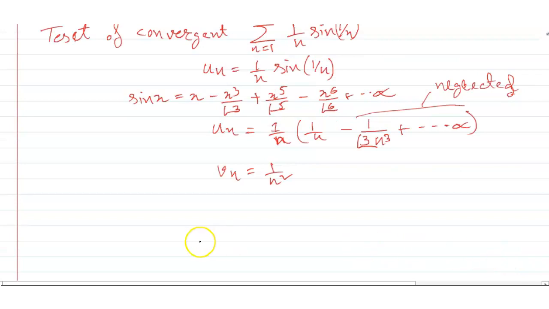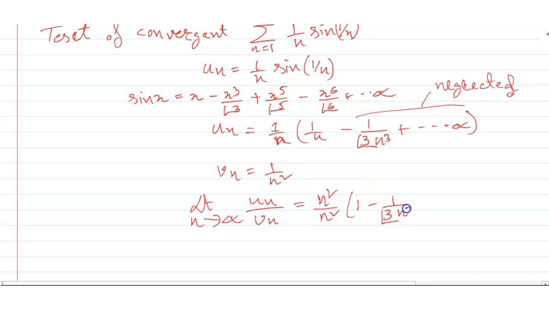Now I have to check limit n tends to infinity Un divided by Vn equals n square by n square times 1 minus 1 by 3 factorial n cube plus up to infinity, sine 1 by n again written, and this value is coming 1.